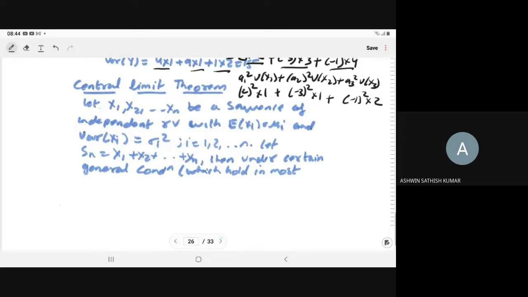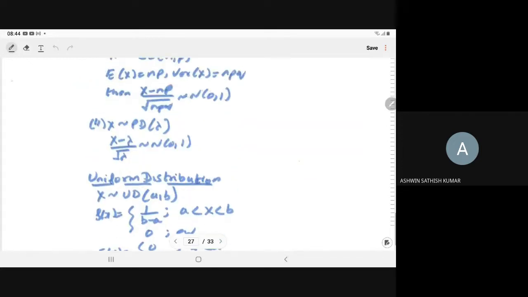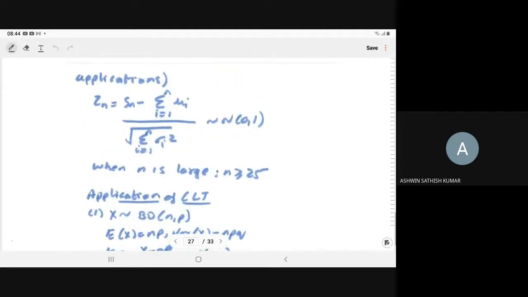If you define the sum of independent variables, then you define another random variable Zn, where Zn is equal to Sn minus the sum of the means, divided by the square root of the sum of the variances. This always follows the standard normal distribution.